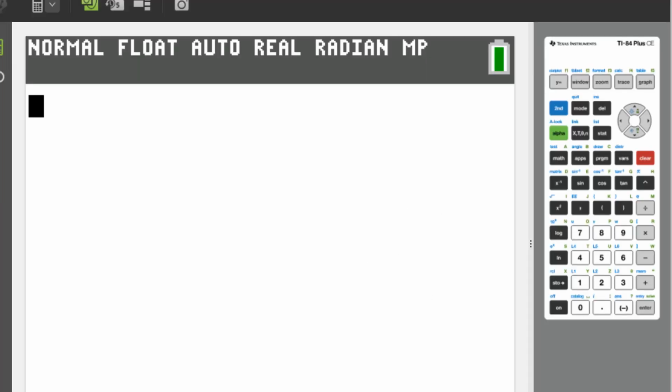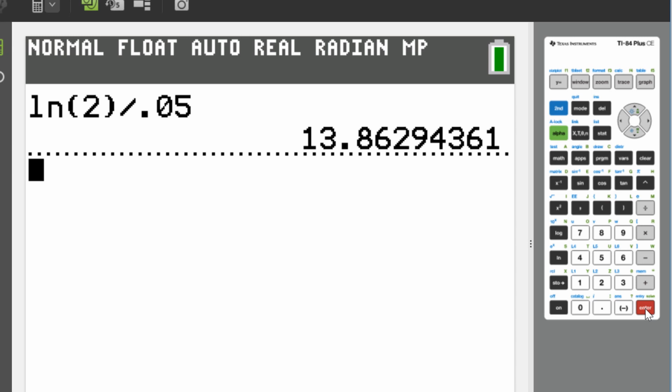We need to find the ln function on the calculator, which is right here, ln, and we want to divide it by the interest rate, which was 0.05, press enter, and the output is 13.86294361. So let's write that on our answers.